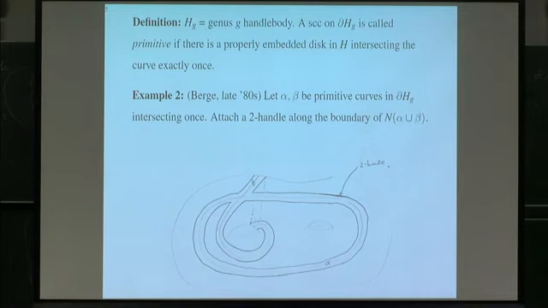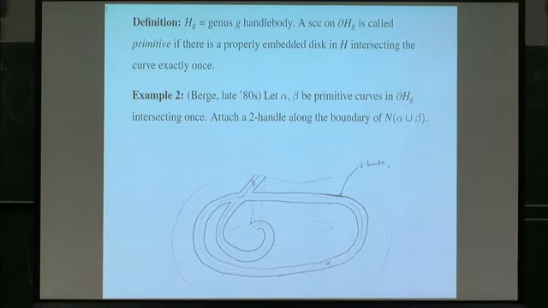So John Berge constructed some examples of knots in handlebodies that admit handlebody surgeries in the following way. He said, well, take two primitive curves on the boundary of the genus g handlebody that intersect once, then take a neighborhood of the union of those two curves, and then attach a 2-handle along the boundary of that neighborhood of these two curves.